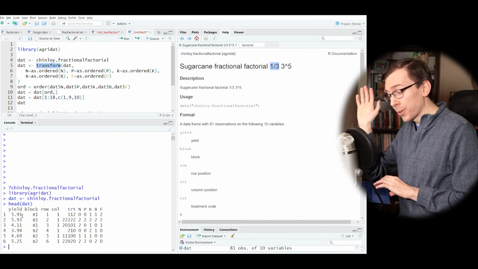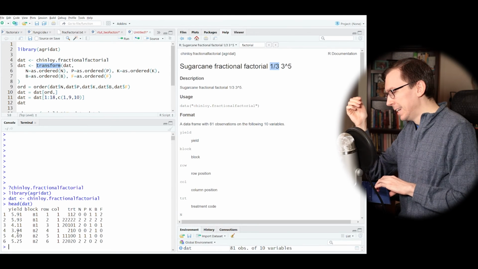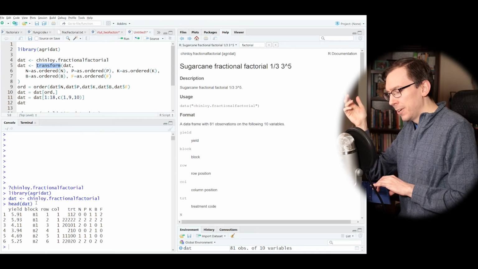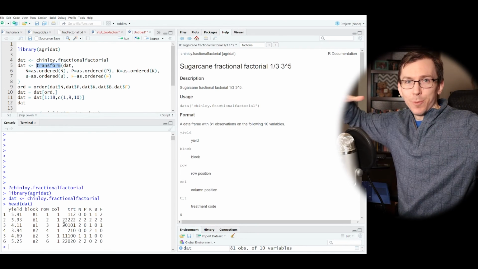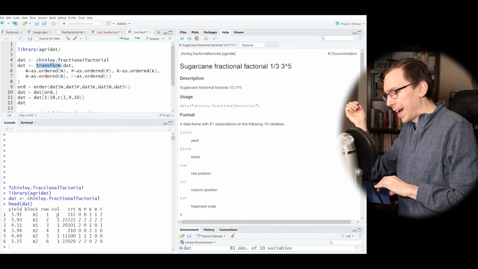But just to look quickly at it, there's a yield. That's the response that we're interested in modeling. Something about the amount of sugarcane produced per plot with given soil treatments. We have a block factor, a row, and a column because this is one giant field, presumably. So you can include those factors as well.